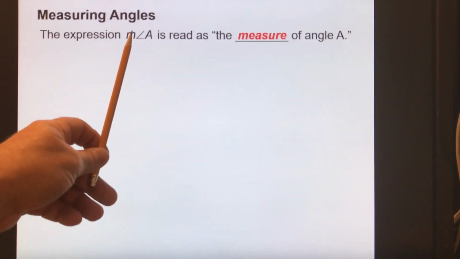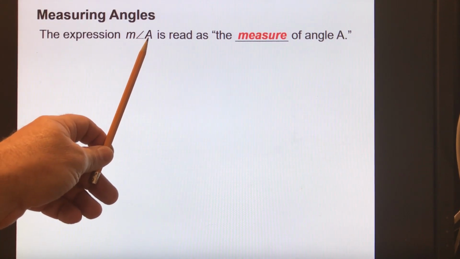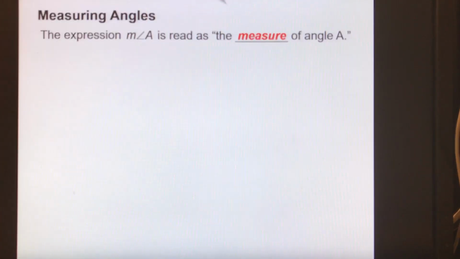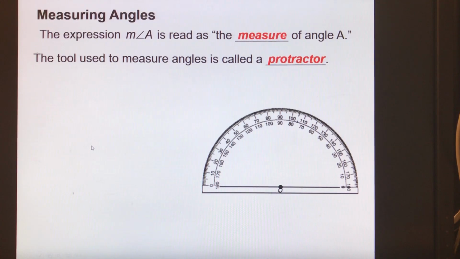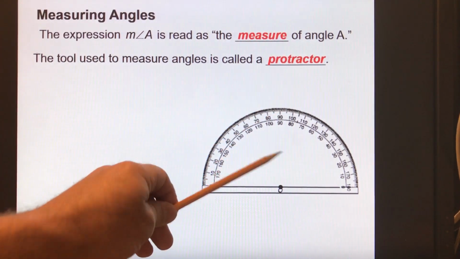The expression m, symbol angle A, is read as the measure of angle A, where m is the measure, and this symbol is angle. The tool used to measure angles is called a protractor.